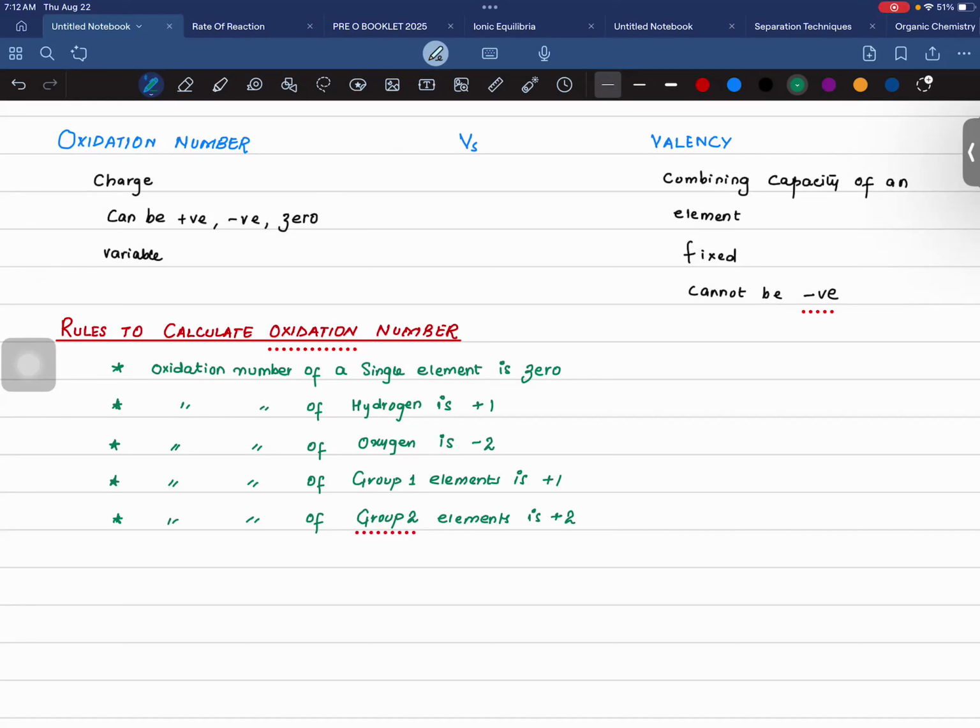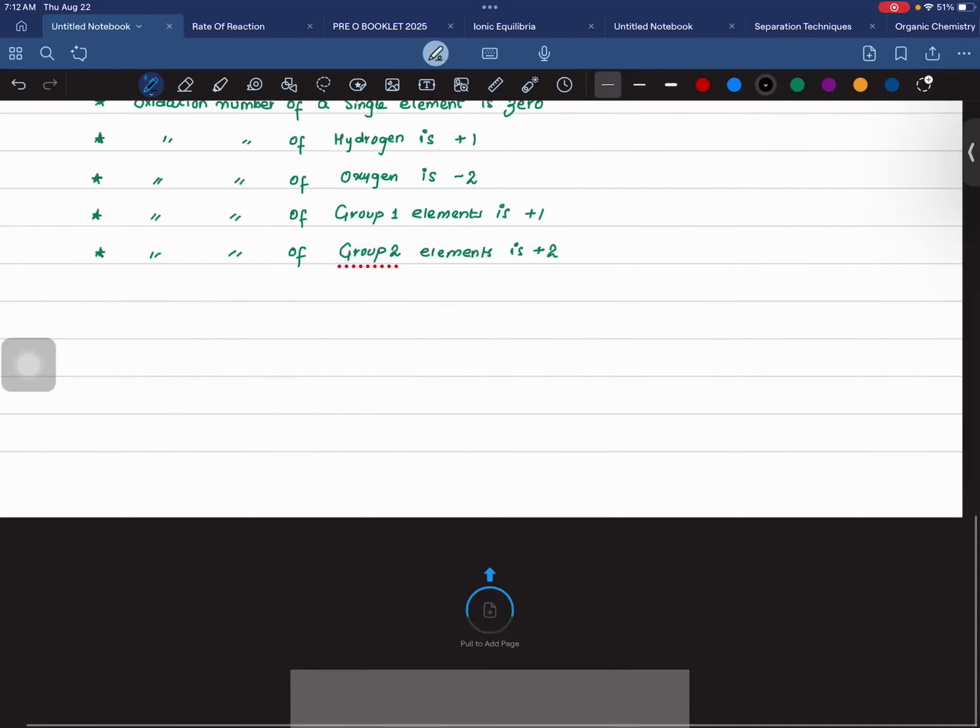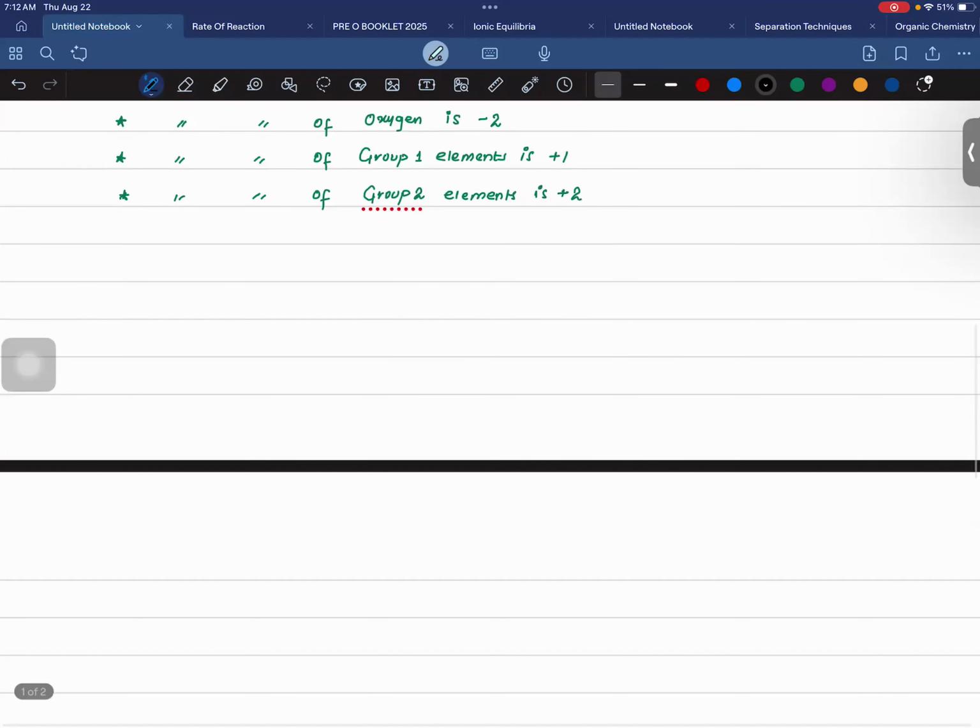Right, so let's suppose this is KMnO4, and in this you have to calculate the charge of manganese. As you all know, potassium is in group 1, so it should be +1. So we have 1 potassium, 1 Mn, and 4 oxygens equal to 0.